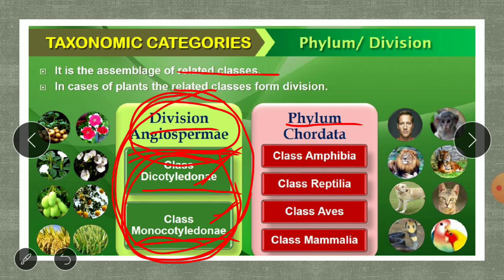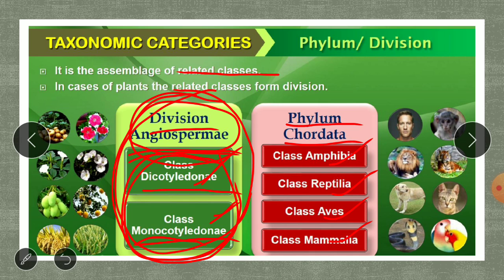In the phylum, you can take the example in the animals, phylum Chordata. Chordata are those organisms with a backbone. Who all have the backbone? Class Amphibia, example is your frog. Class Reptilia, example is your snake. Class Aves, example is the birds, pigeon, parrot.